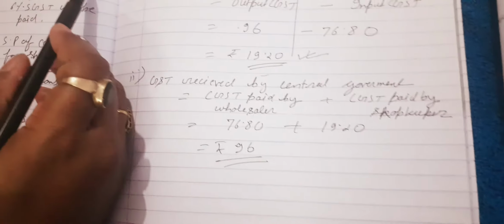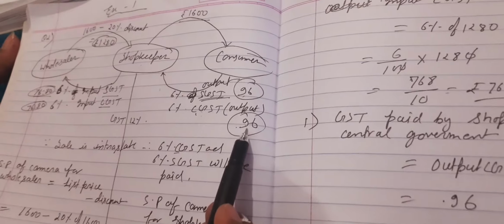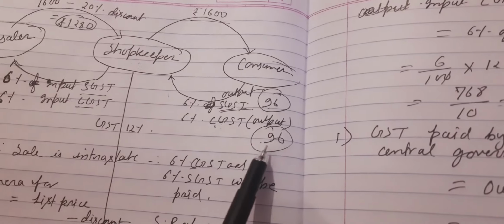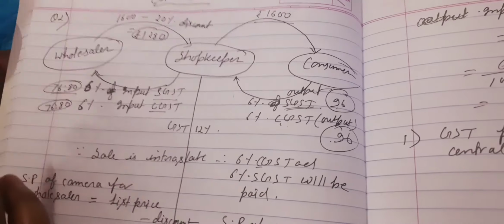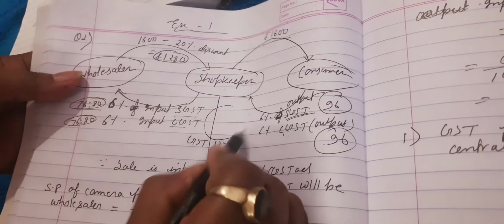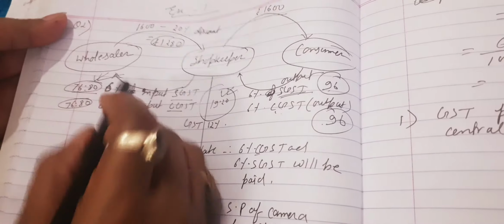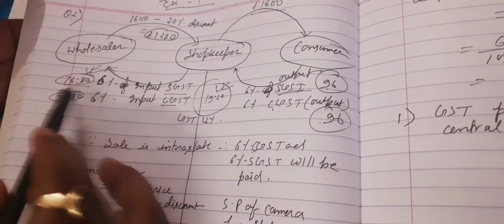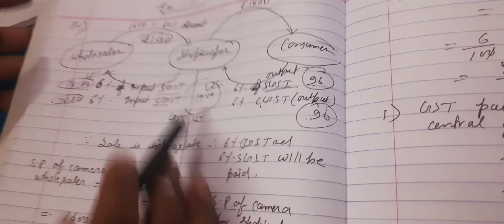You just see, this comes out from consumer's pocket. In two parties is divided. Out of 96, 76 rupees 80 paise wholesaler will pay, and this 19 rupees 20 paise shopkeeper will pay. But the reality is that both the tax comes from consumer only, but directly consumer can't pay this tax.